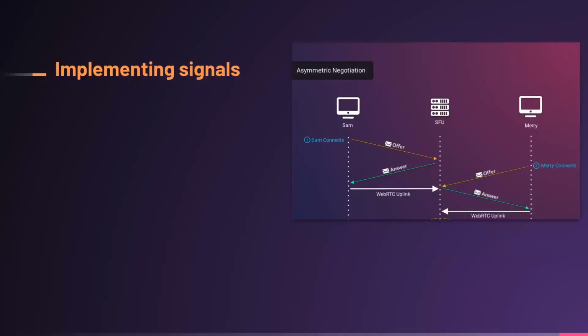So to streamline this with an SFU, we use the idea that the SFU is a consistent presence in all of these calls. The order of the peers is still unpredictable, but what is predictable is that the SFU is always there listening for new peers. As a result, the SFU can be polite as it listens for new clients to join, which avoids any issues involving negotiation.